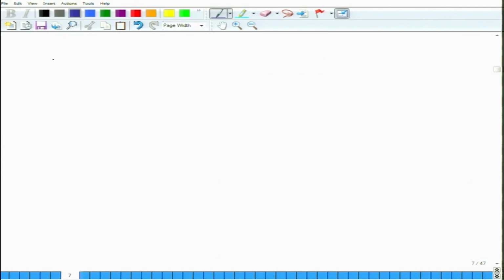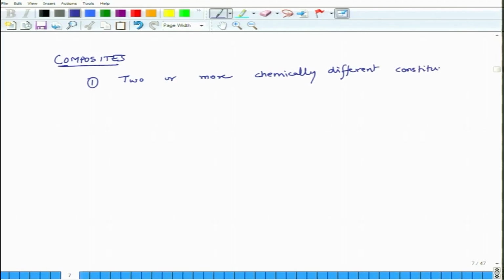So, what does it require? A composite should have two or more chemically different constituents. This is the first requirement.